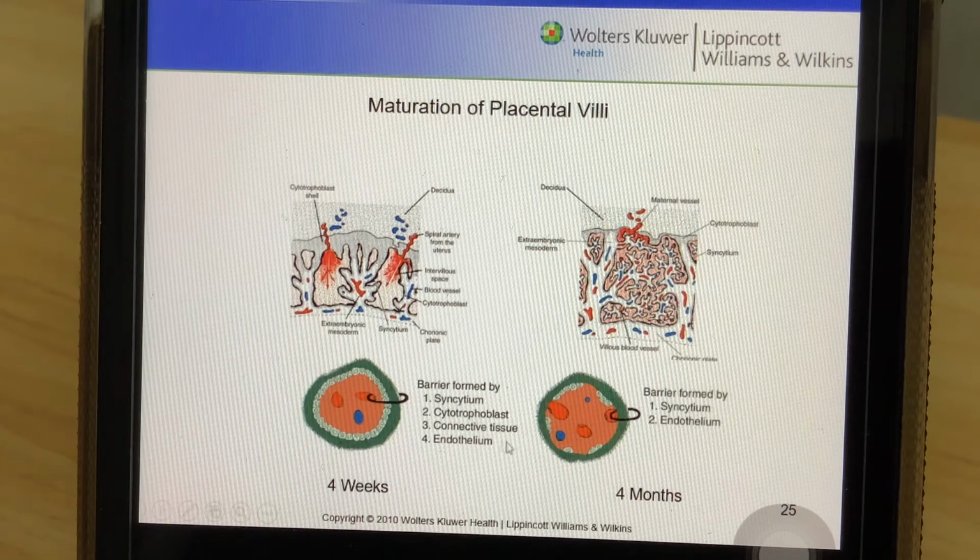Okay, by 4 months of pregnancy, the barrier has thinned to syncytium and the vascular endothelium to facilitate transfer of nutrients. So villi now have numerous branches with 1 or 2 main stems that anchor the placenta.